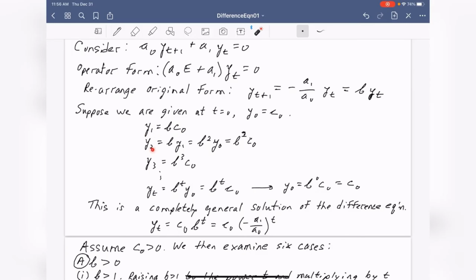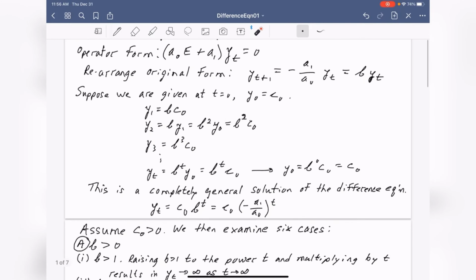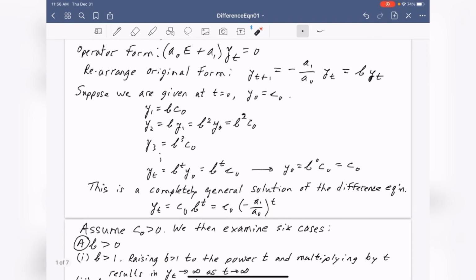Then y2 is equal to b times y1, which is simply b times b c0, which is b squared c0. And thus, in time period 3, we get that y3 is equal to b to the power 3 times c0. More generally, at any given time t, y_t is equal to b^t times c0.